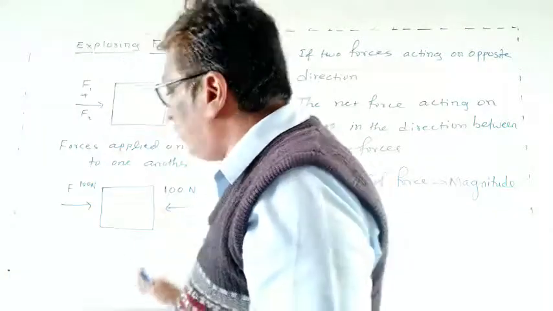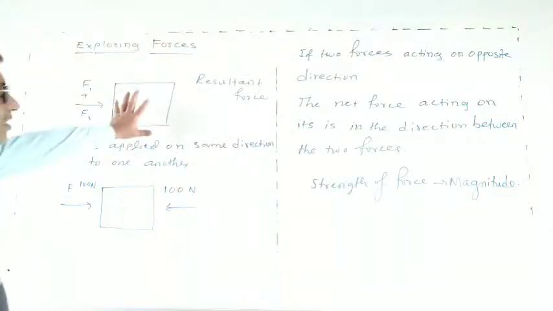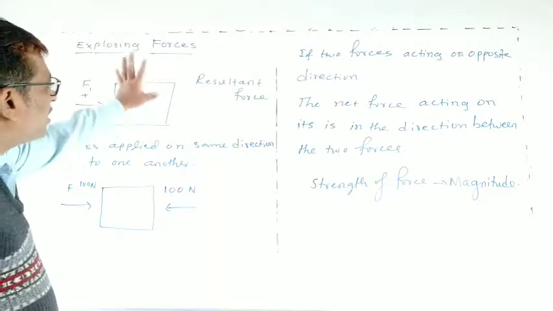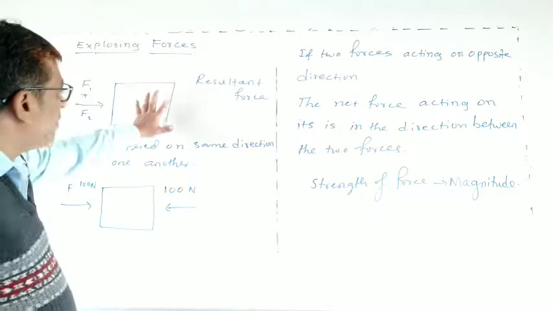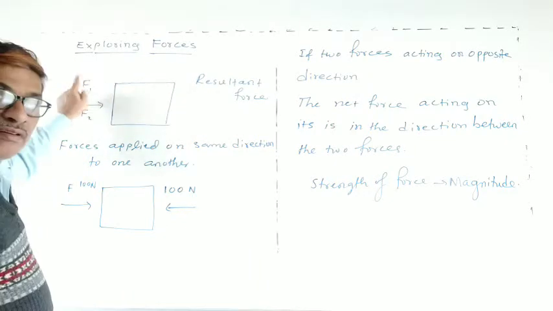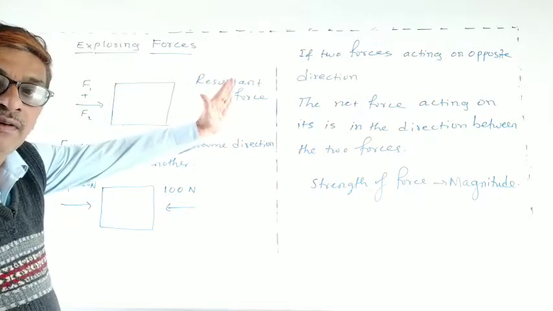Say for example, this is the example. This is a helmet or a heavy box, or you can say a cupboard, whatever you say. One person is applying a force here, wanting to move it this side.